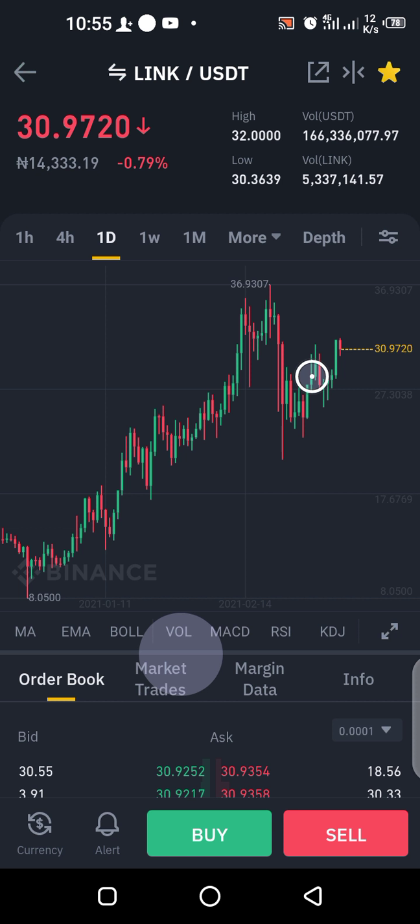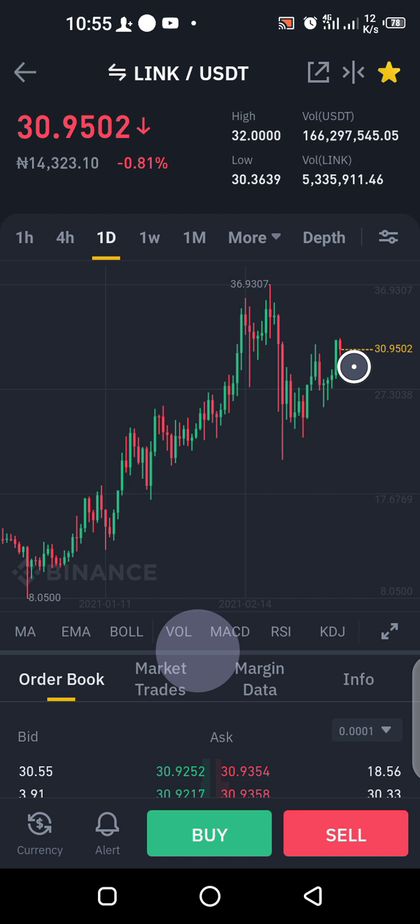So if perhaps this market gets to 36.5, my stop loss will be around $30.5. That's how a trailing stop works. When my stop loss is around that $30.5 and I bought at 27.5, I made a $3 increase on one Chainlink.